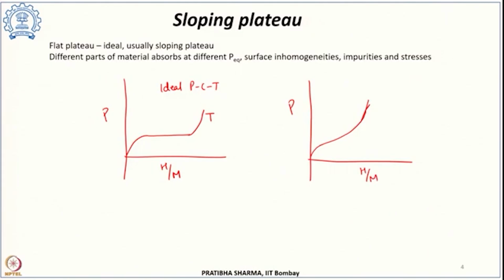So instead of a flat plateau we are getting a sloping plateau, and this is again at a particular temperature. This is the case for most of the hydrides; in the real case we get a sloping plateau. Now, this tells us that the equilibrium pressure is different.